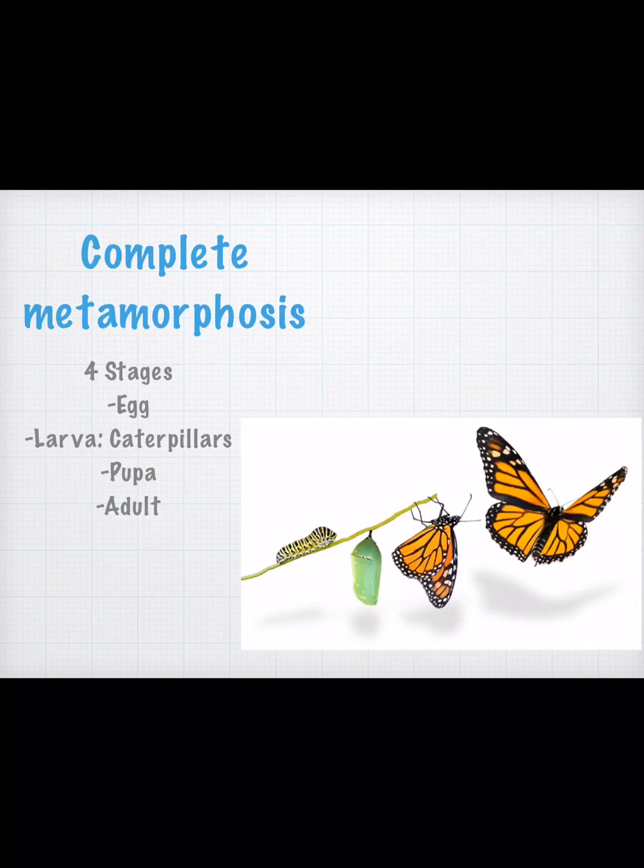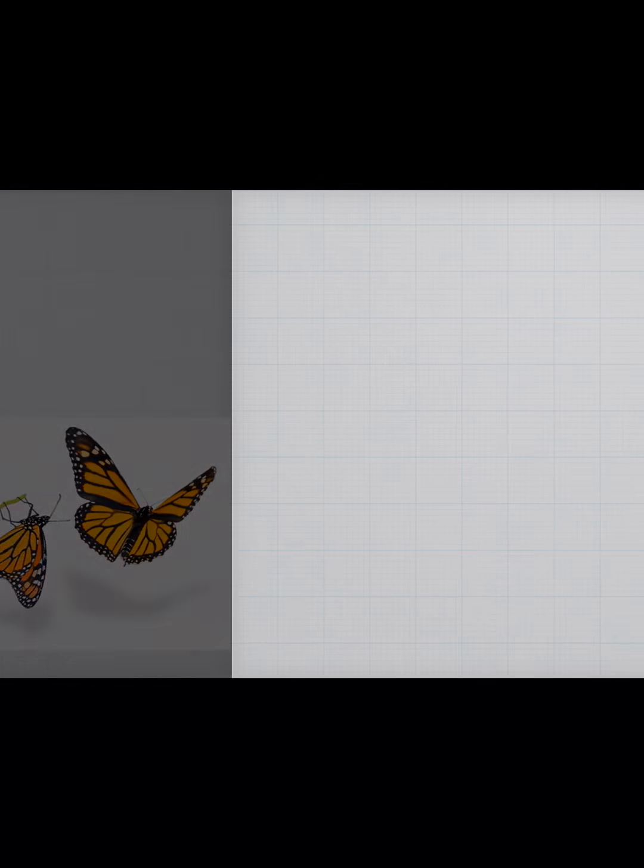So chrysalis means when it's hard, and cocoon means when it's soft. And then when the insect emerges from their pupa state, they are a full-grown adult, whether that's a butterfly or a fly or a bee or whatever it may be. That last stage, the fourth stage, is when they're actually the shape they're going to be.